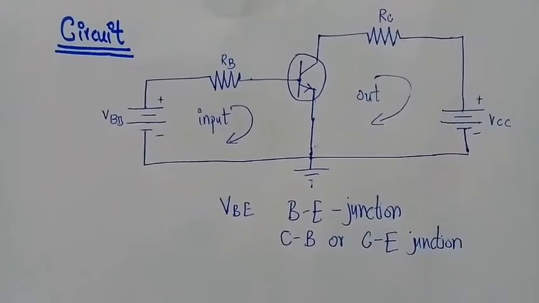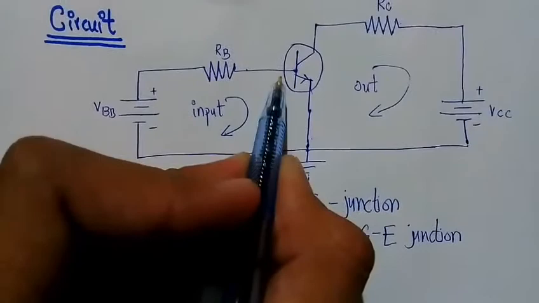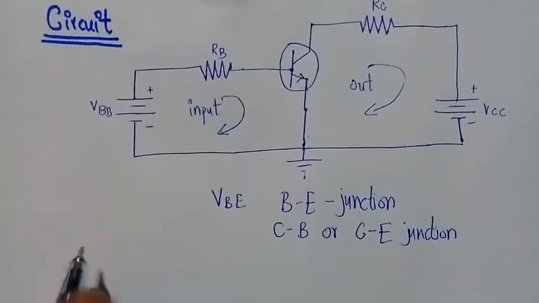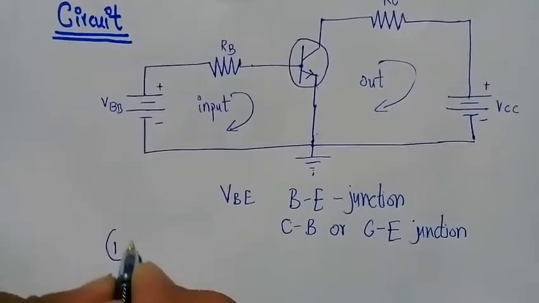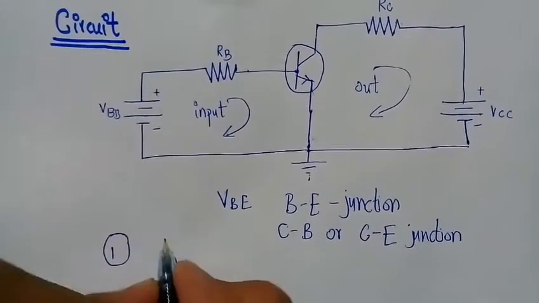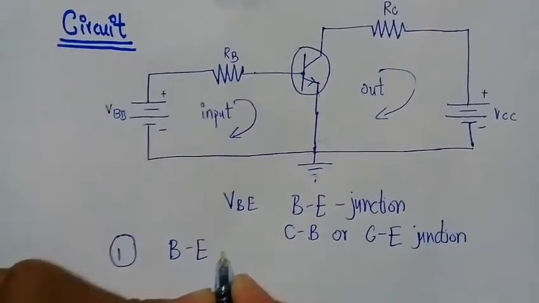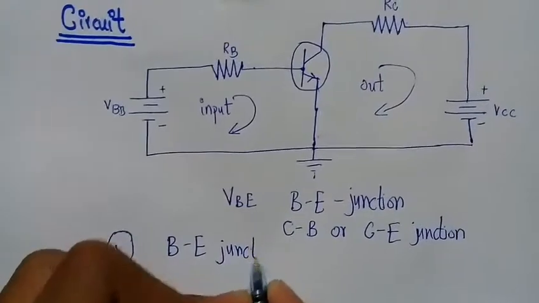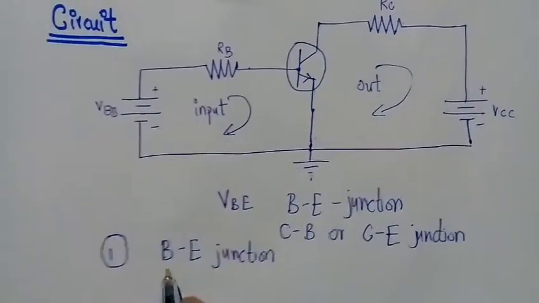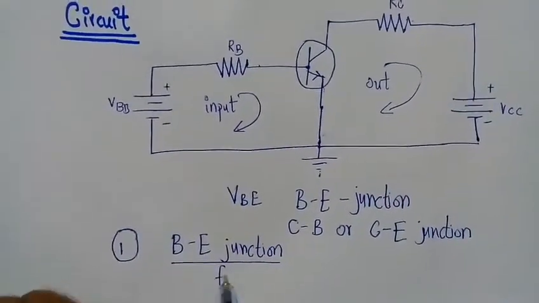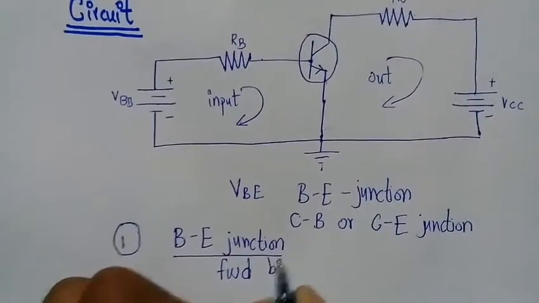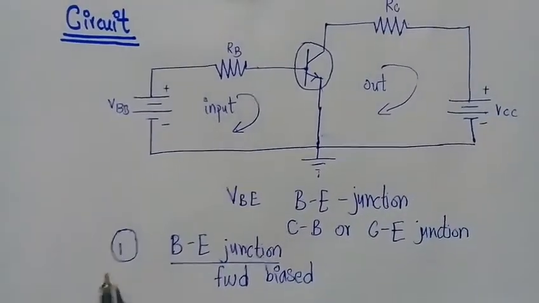And here also, the base emitter junction must be forward biased. Our first step is that the base emitter junction of the transistor must be forward biased.